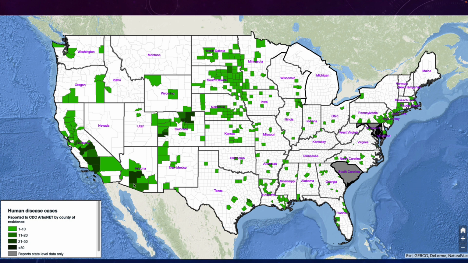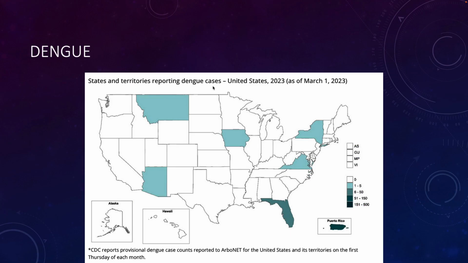So here what we're looking at are human disease cases of West Nile virus in the US. This is the most recent data. So you see Fresno County, and some of these counties here that have decently high levels of West Nile. Here we have dengue. And again, we're talking only a few months of data, or like 2 months of data.